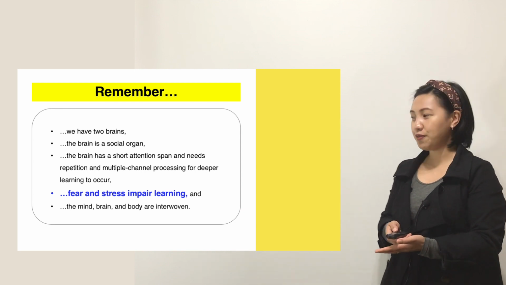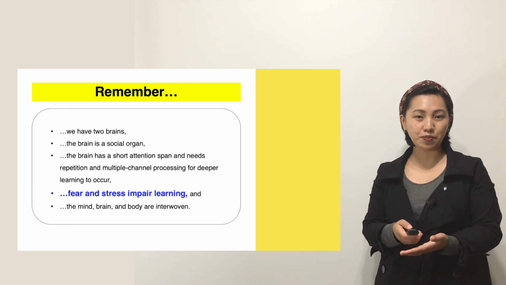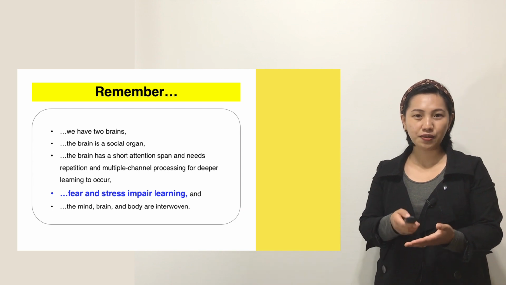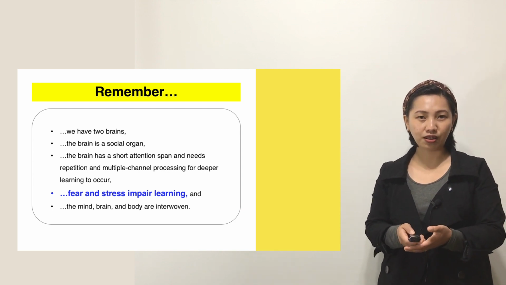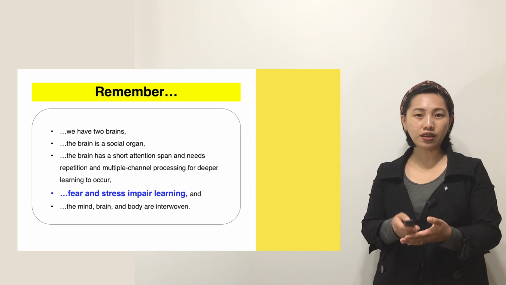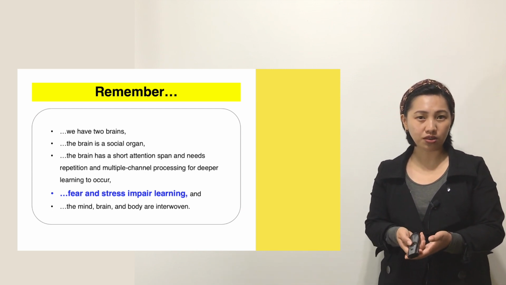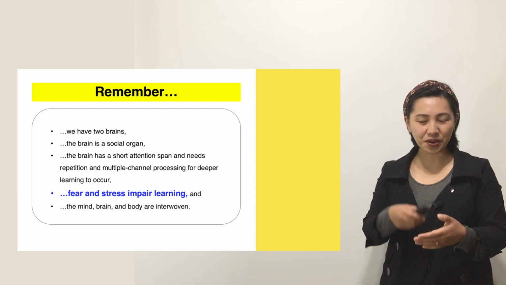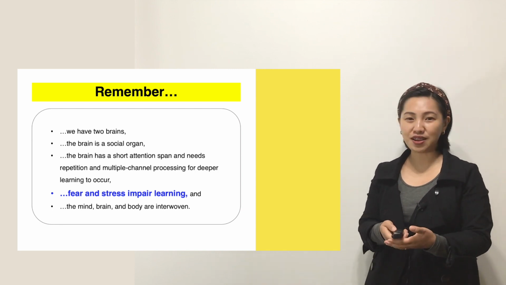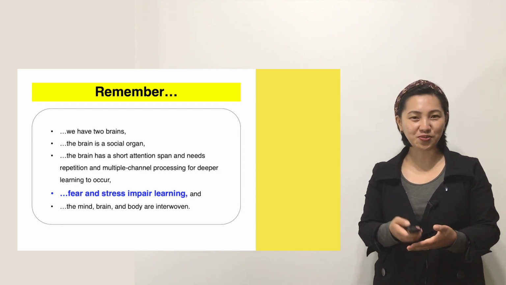Moreover, fear and stress impair learning. Feeling unsafe and threatened in a learning environment will hinder the learner from fully focusing on what is being taught. We have been repeating that over and over in this lecture.